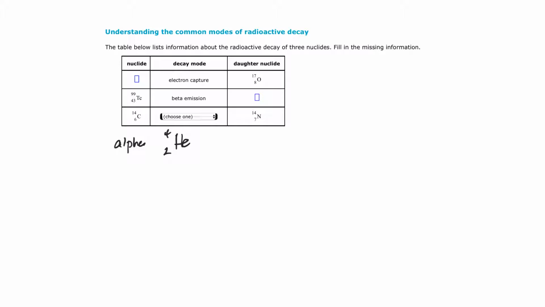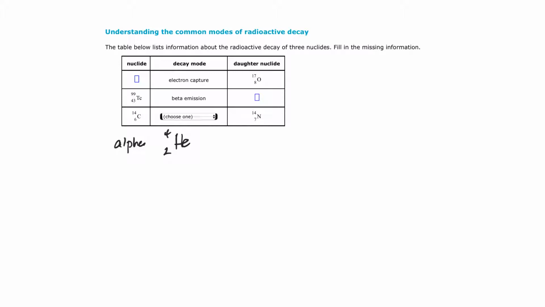So your Z, your charge, will go down 2, and your A, your mass number, will go down by 4, as it goes from left to right to the daughter nuclide.